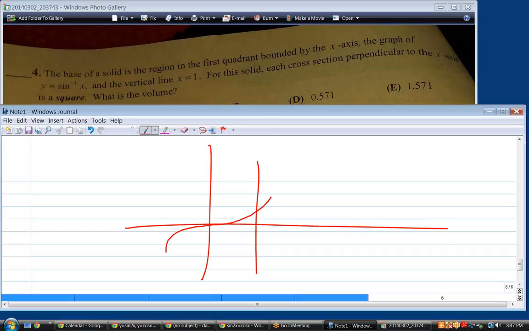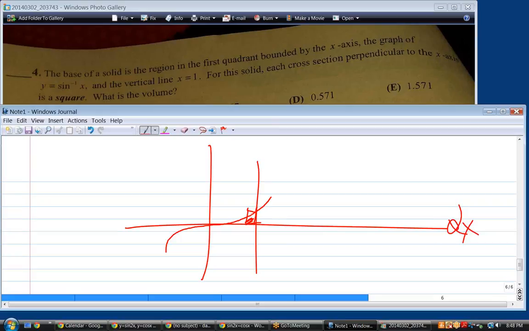And the x-axis. Okay, so this area here is the base of our solid. And for each solid, we've got cross-sections that are squares perpendicular to the x-axis. So I'm going to put a square on here. The skinny side of the square is dx.